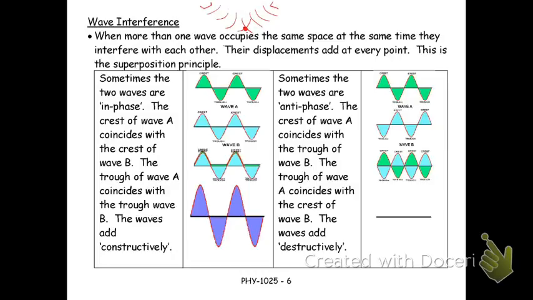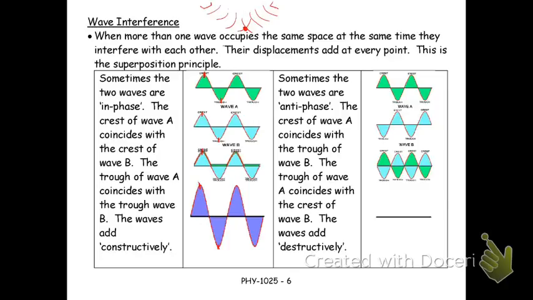If I plot a graph, here's my high pressure from one wave, and here's my high pressure from the other wave, and they overlap in space, I add them together. That's a really high pressure. And here I add a low pressure with a low pressure, which is a really low pressure. So the effect is magnified, or at least it's doubled, it's added. So I would hear a louder sound.